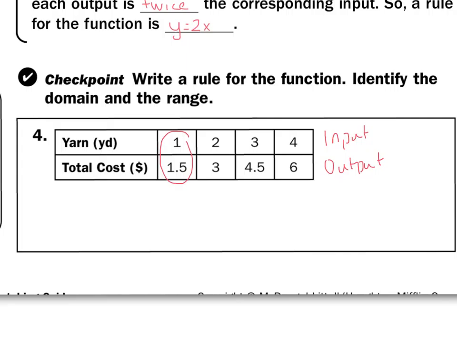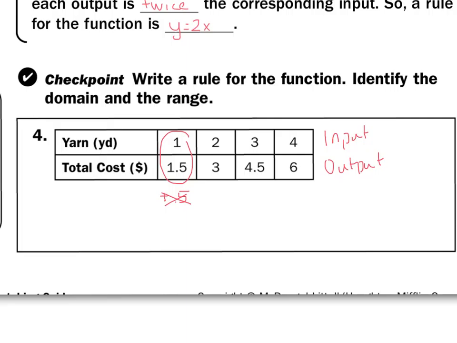Well, one thing that I could possibly have done is added a 0.5. Okay? But if I go to my next column, 2 plus 0.5 is not 3, so that won't be it. It is getting larger, so we want to try something that also will make it larger, which would be multiplication. The reason we look at 1 is because whatever you multiply 1 by would give you the same output.